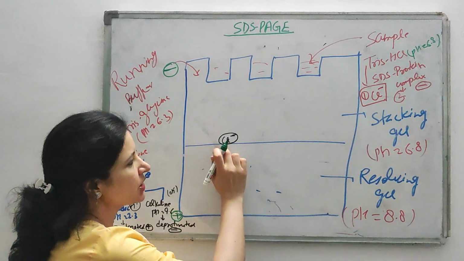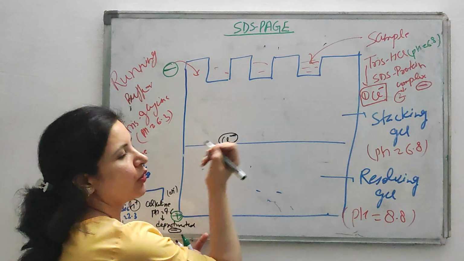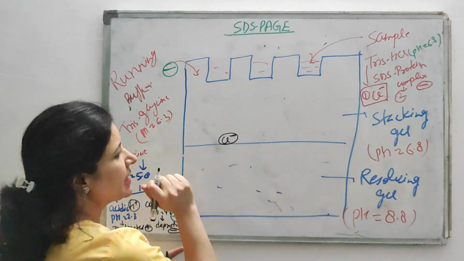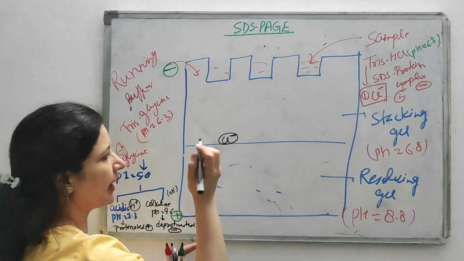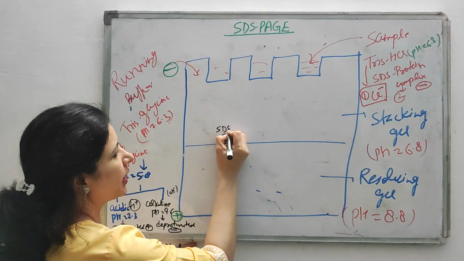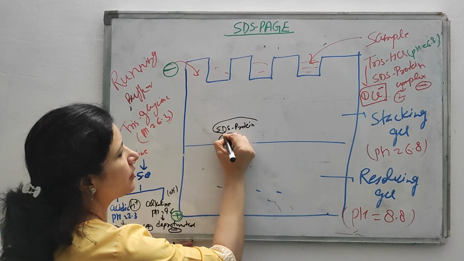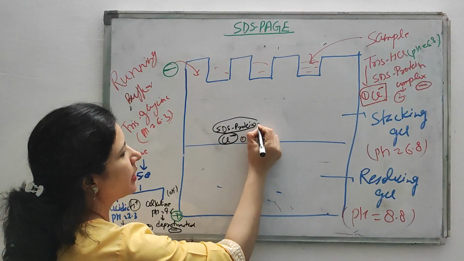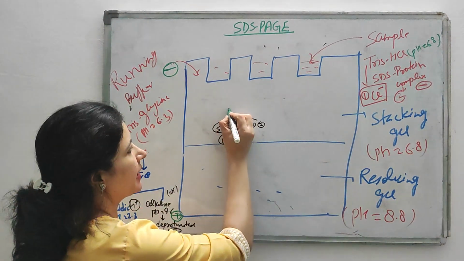Okay, so first in stacking gel, the first ion which is separated is your chloride ion. Second, out of glycine and SDS protein, which comes second? Second is your SDS protein complex. First is this one, second is your SDS protein. And what is the third? Third is your glycine.